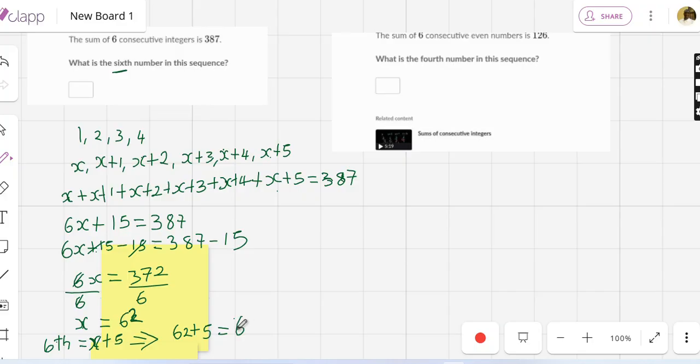So the sixth member is 67. If the first member is 62, the sixth is 67.